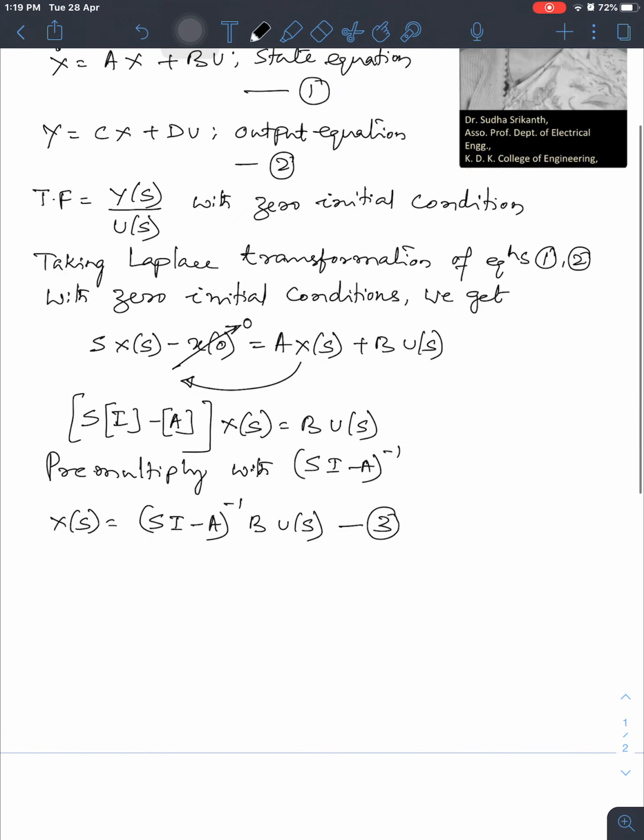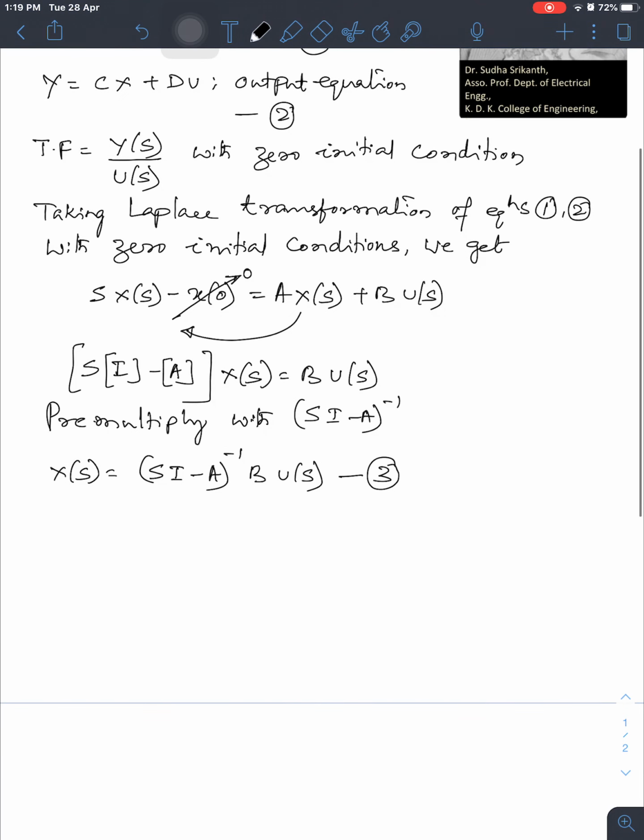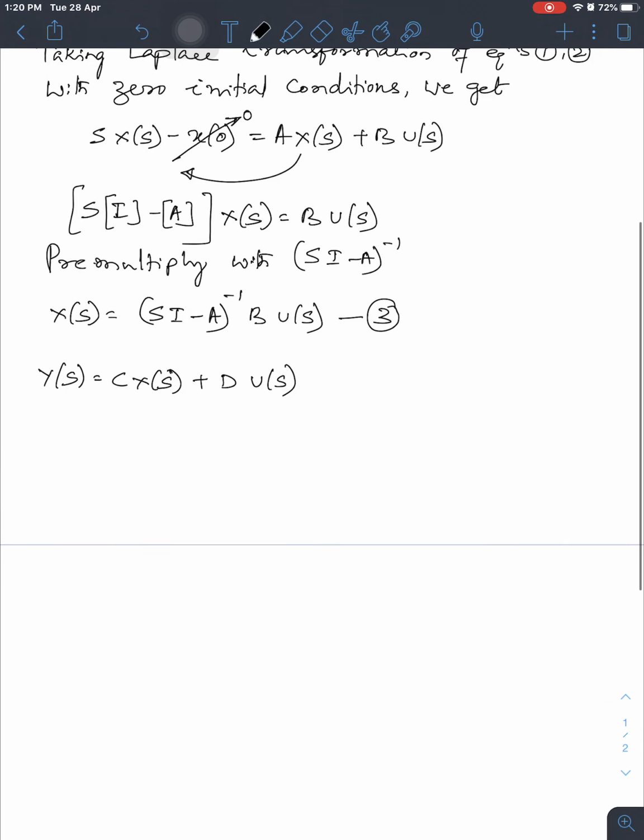Now we will try to go to equation 2 and take the Laplace transformation of equation 2 with zero initial conditions. We get Y of s equal to C into X of s plus D into U of s. We will substitute from equation 3. Okay, so from equation 3, what do we get?